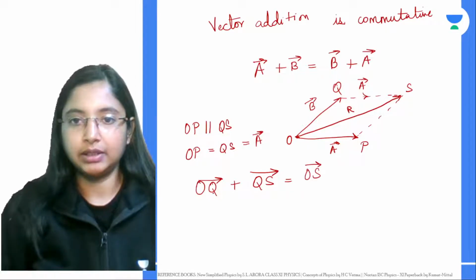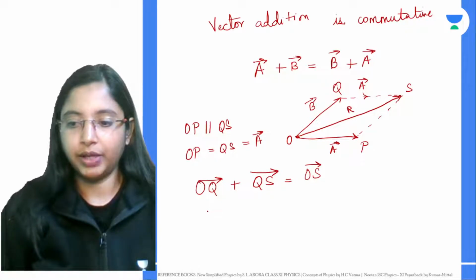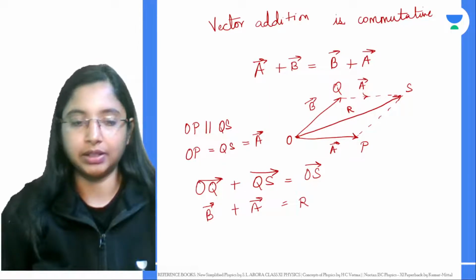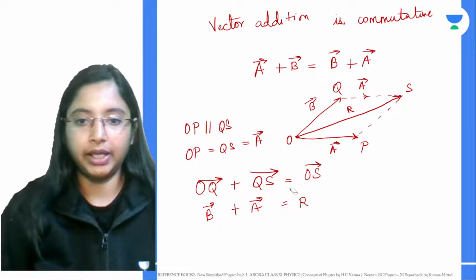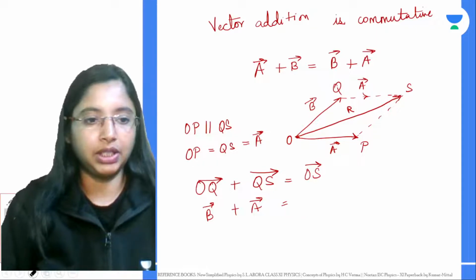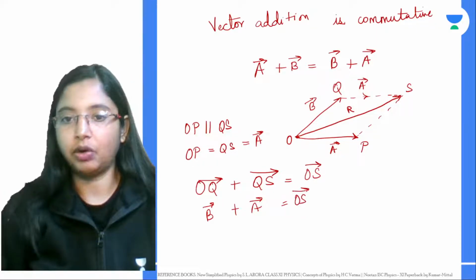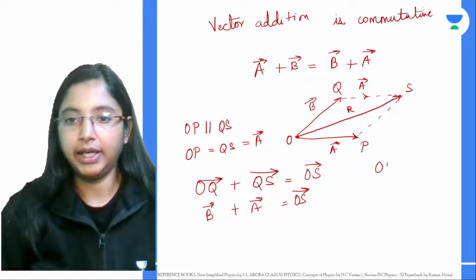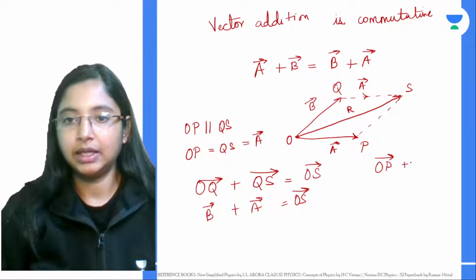Now this vector is actually B vector plus A vector, which is equal to OS vector. And on the other end, you can also see this is equal to OS vector. On the other end, you can also see this side, OP vector, plus OQ vector.